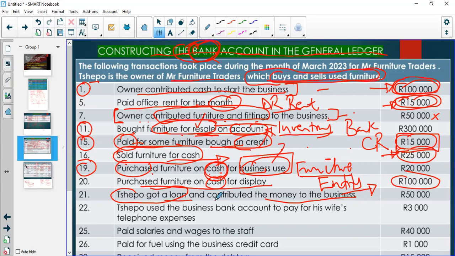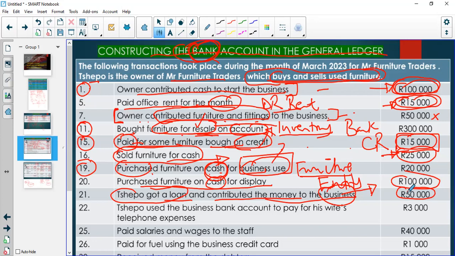But now that money was contributed to the business. So all we know is that the business received money from Tsepo, but we don't want to know where Tsepo got that money from. So this is not going to be a loan, right? It's going to be capital because we just record the transaction between the firm and the other party, right? So it's between the business and Tsepo, not between the business and the supplier of the loan, because the business did not get the loan, right?